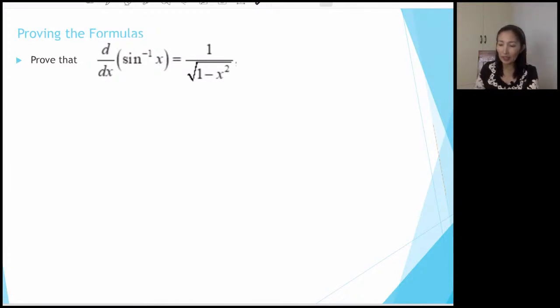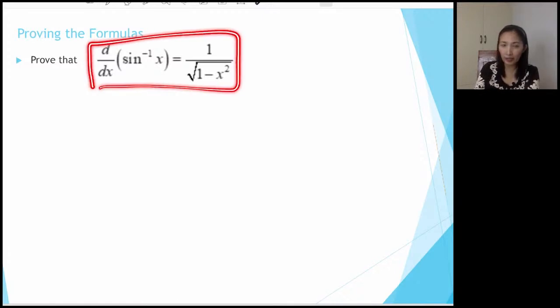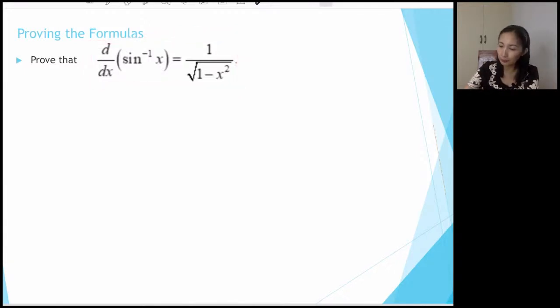Now we are going to prove the first formula. Prove that the derivative of arc sine of x is equal to 1 over the square root of 1 minus x squared.